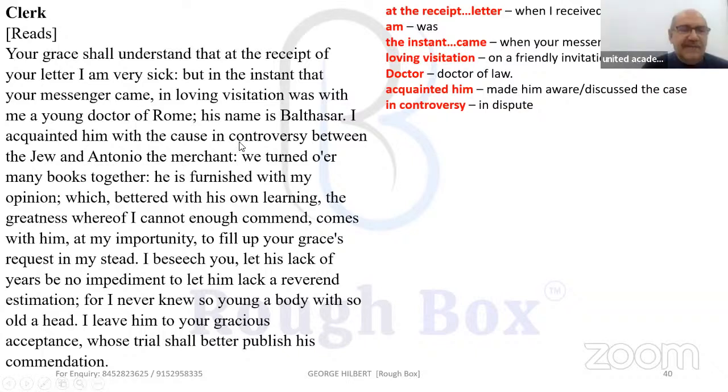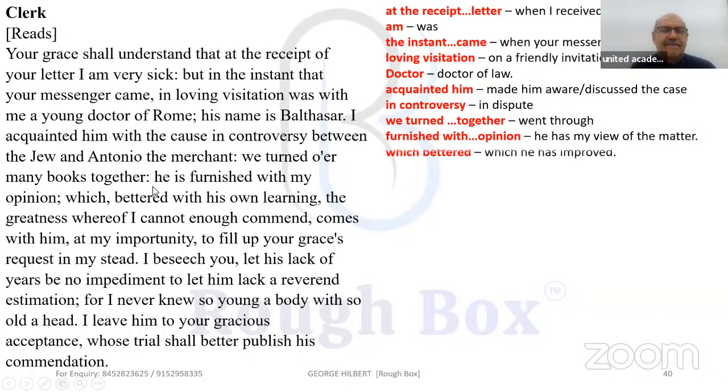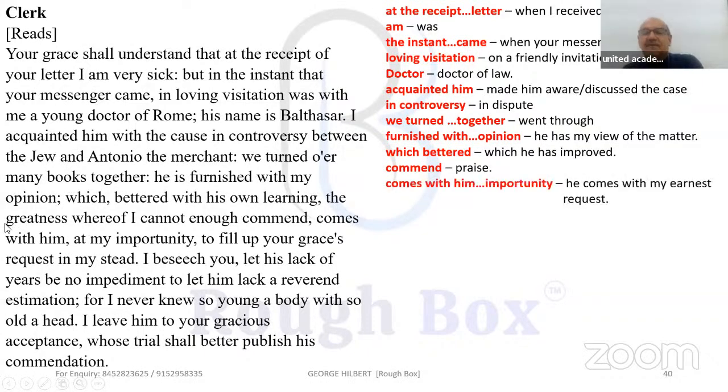I know him very well. And I acquainted him with the cause in controversy. I've already made him aware of the dispute between the Jew and Antonio the merchant. We've turned over many books together. We've gone through many law books together. He is furnished with my opinion. I have already given him my review of the matter.